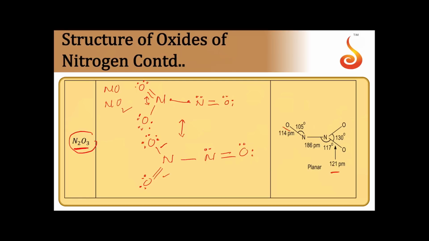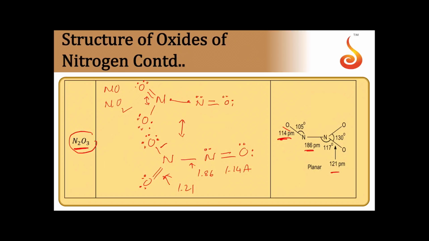On this side, the bond lengths are not the same. It is 1.14 angstrom units. This side the bond length is 1.21 angstrom units. Both the bond lengths are not the same. The NN bond length is given as 1.86 angstrom units.